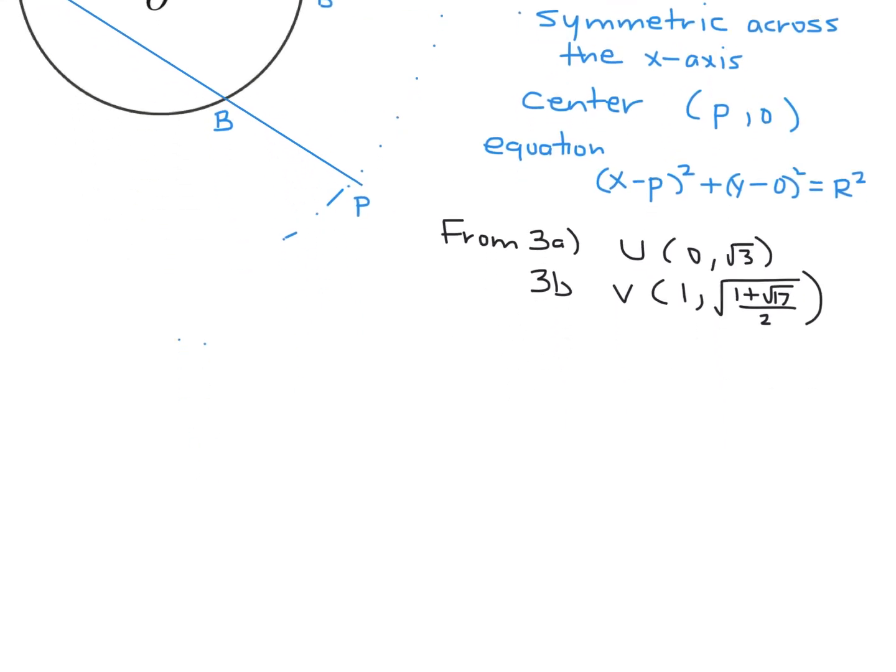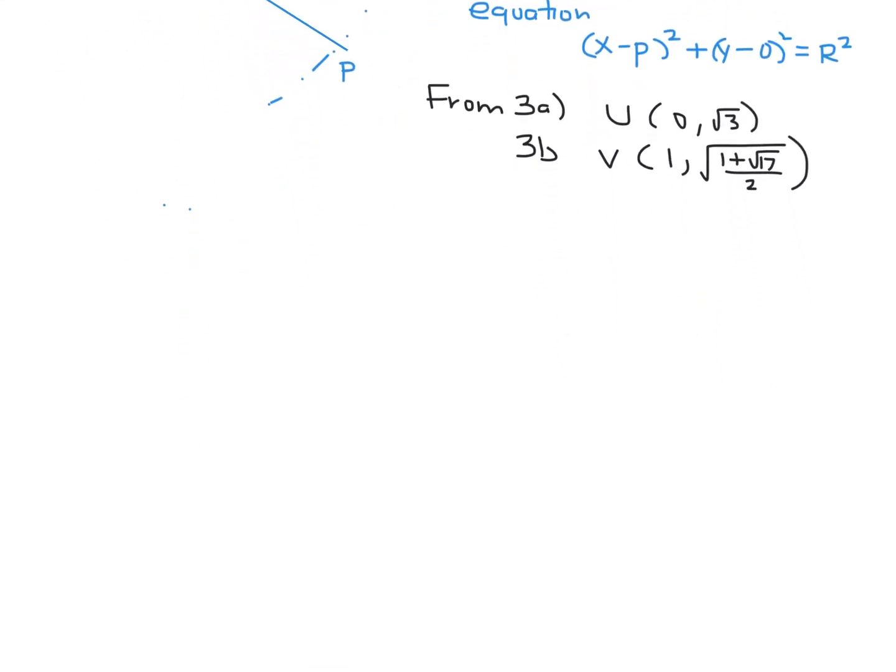Okay, so here we go. From this original equation, we have (x minus p) squared plus y squared is equal to r squared. And I'll substitute this in. That will help. So that would mean that we have (0 minus p) squared plus root 3 squared is equal to r squared.